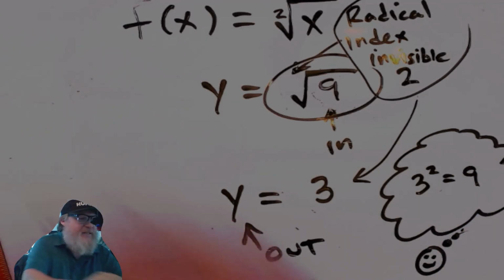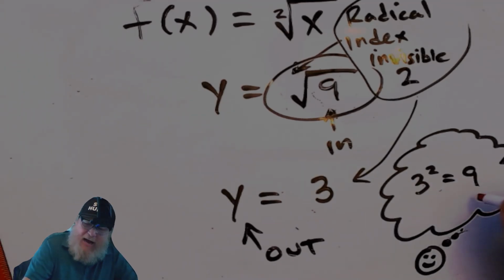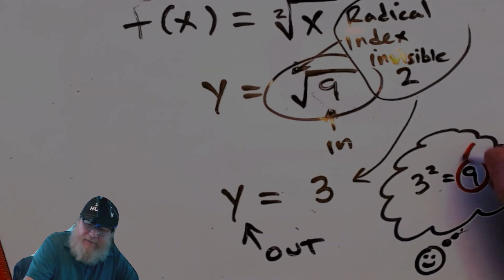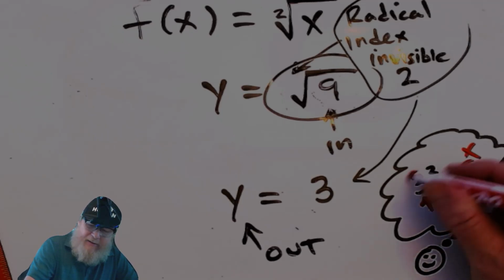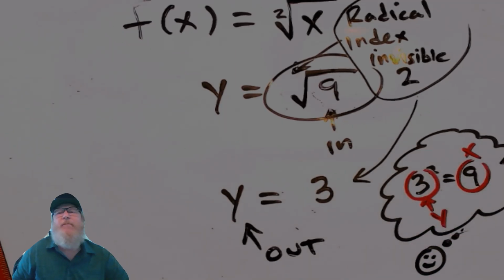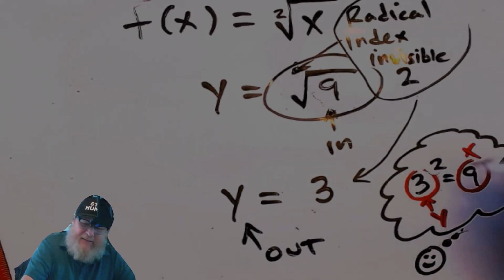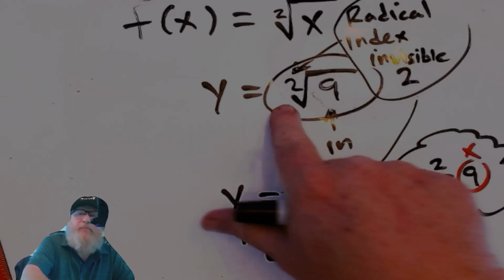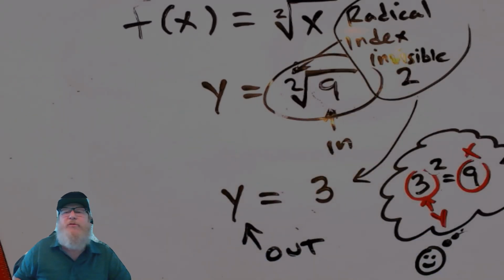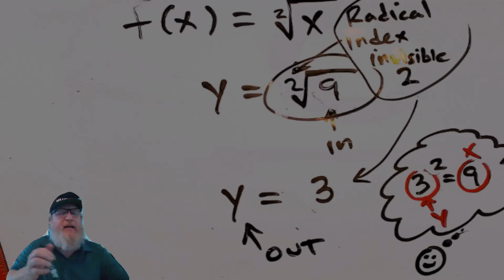So x is 9, and the y is 3. You don't actually see the little index. The index is invisible because it's the square root. So because 3 squared is 9, we say the square root of 9 is 3.